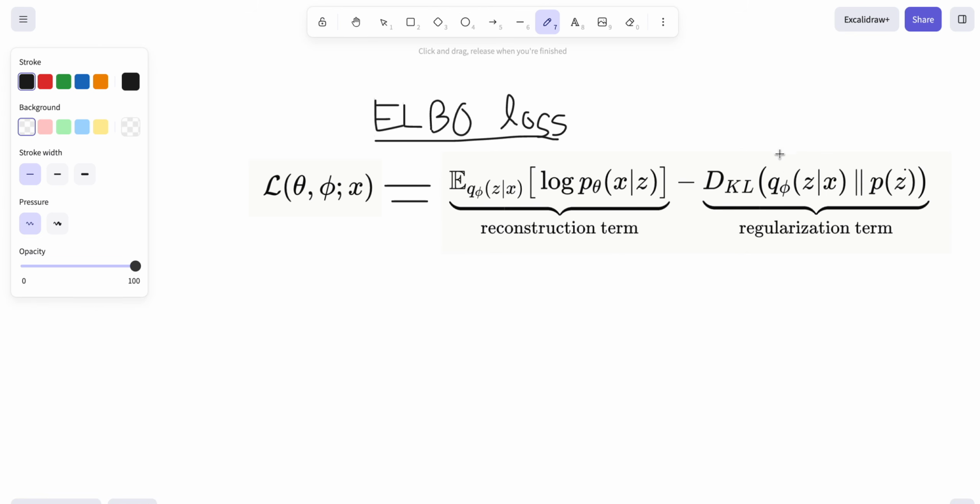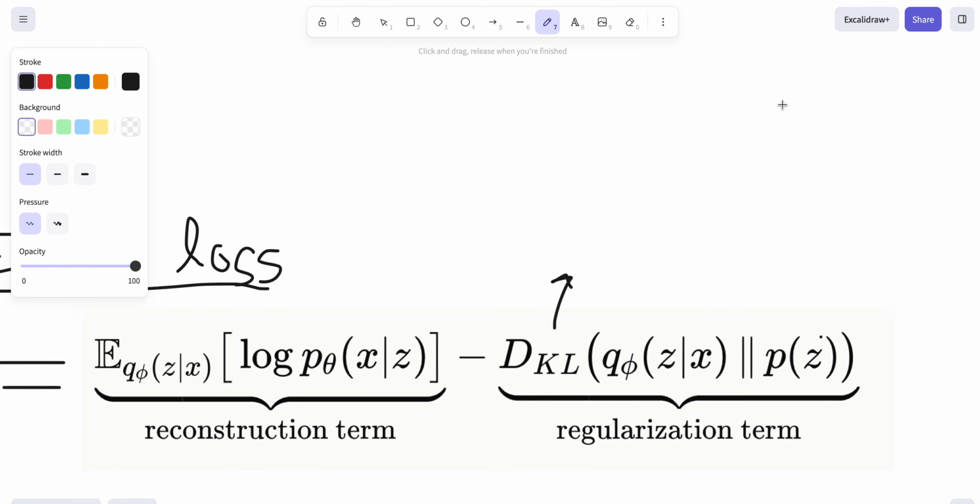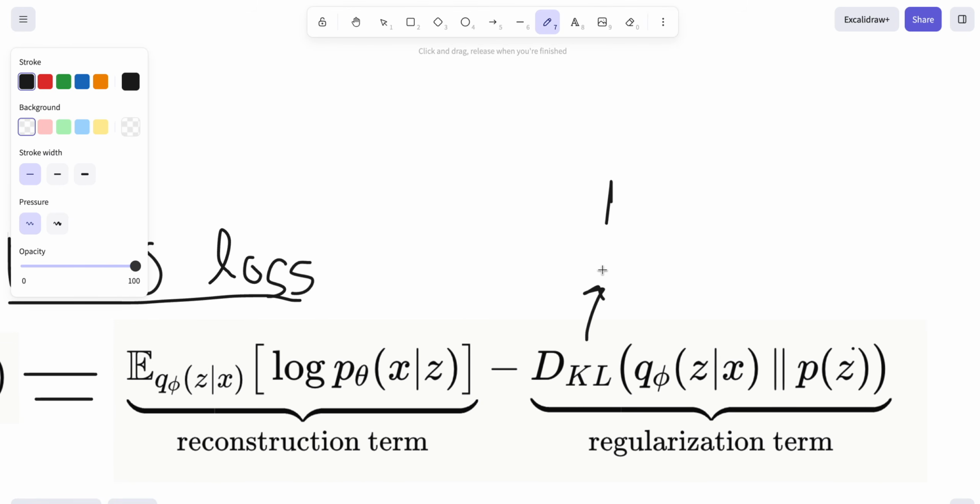But then we have this new regularization term, which uses Kullback-Leibler divergence, KL divergence, which is a type of measure used to describe the similarity between two different probability distributions.